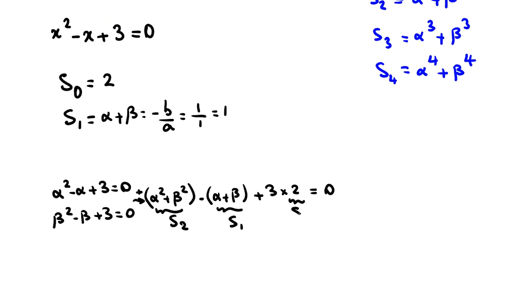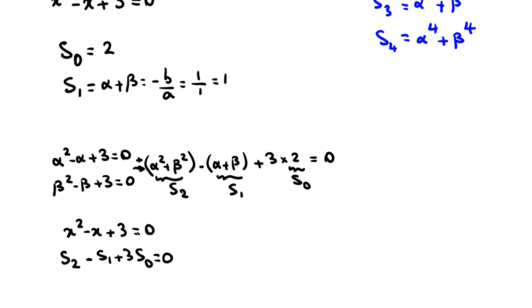So here we found what? Let's pay attention. Our main equation was x squared minus x plus 3 equals 0. I found S2 minus S1 plus 3S0 equals 0.